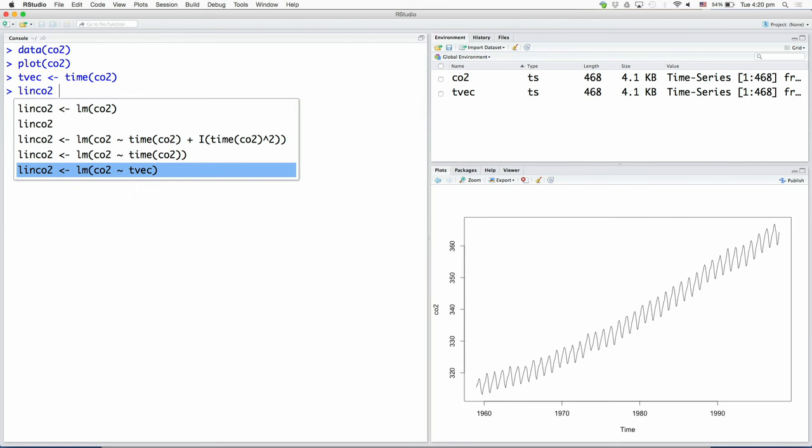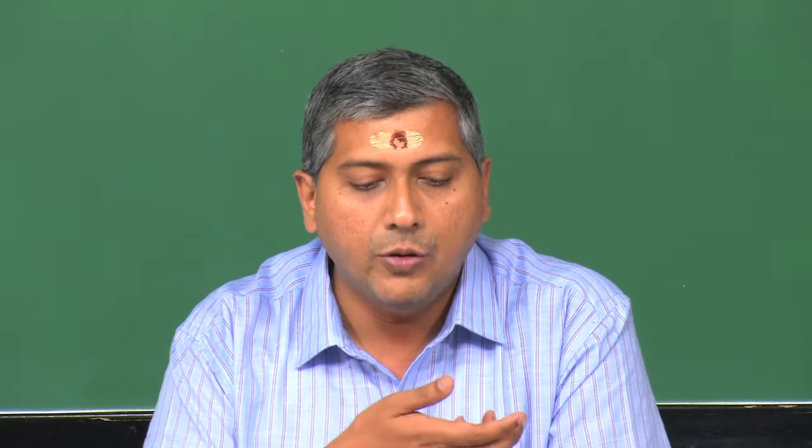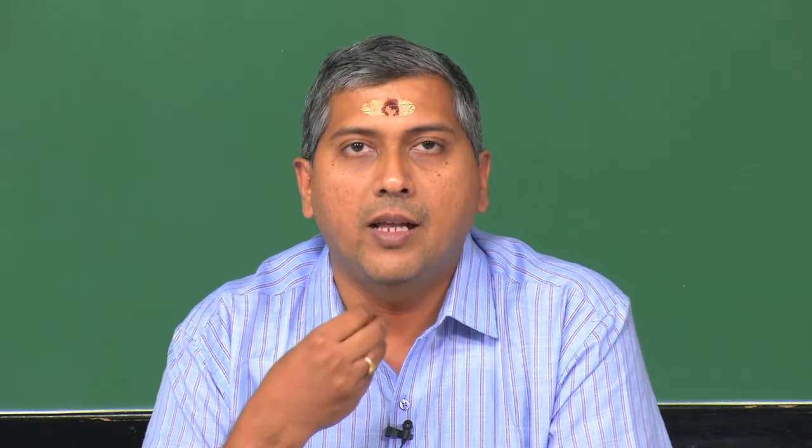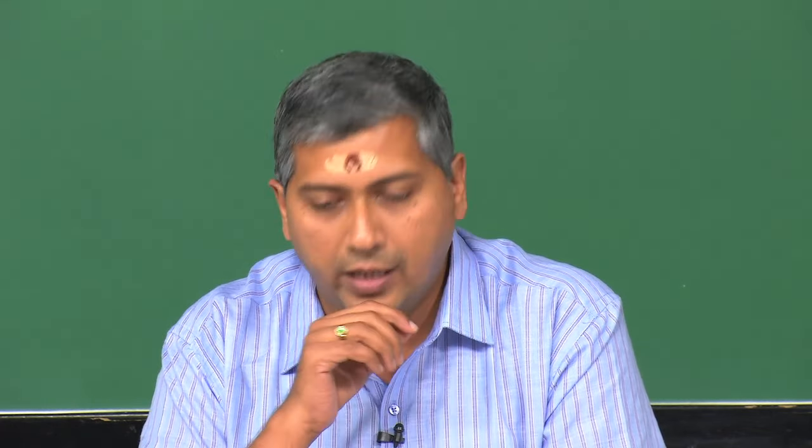and let me show you what I am doing here. So, I supply the formula that I want. By formula, what we mean is the symbolic relationship between the predicted variable, which is CO2, and the regressor, which is tvec. I do not have to tell lm that there is an intercept term as well. It is understood implicitly that there is an intercept term.